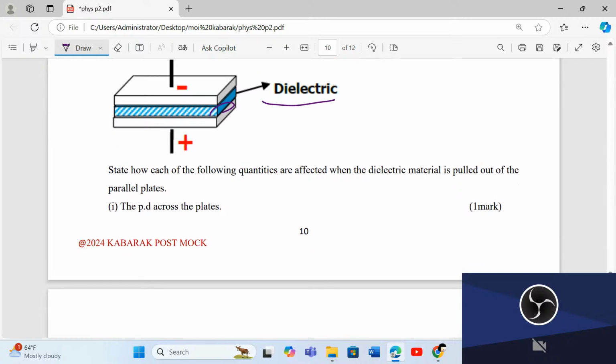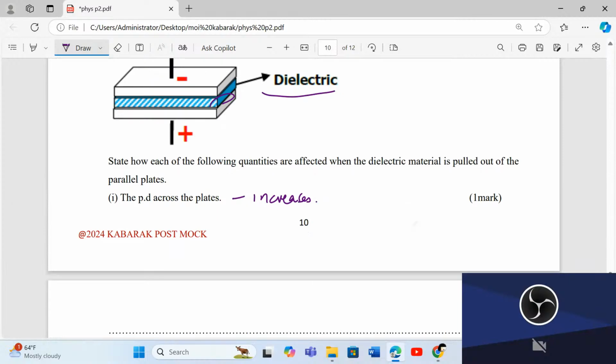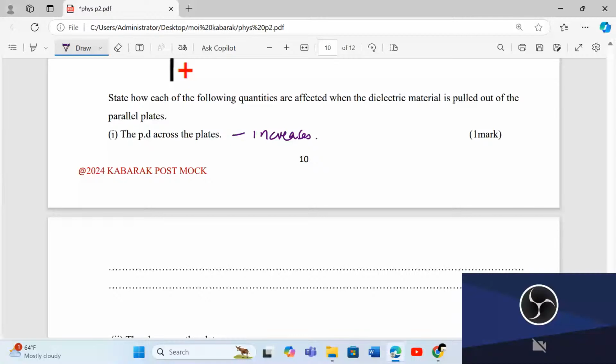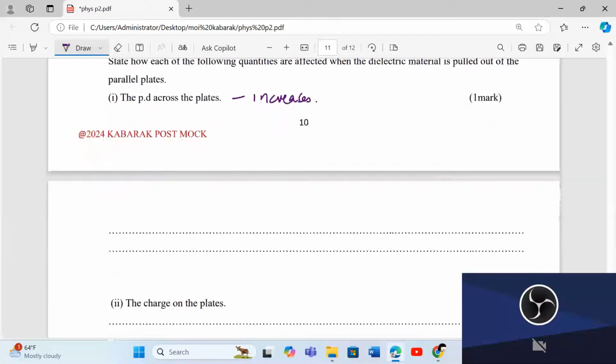The potential difference: this one increases. The charge on the plates will not be affected, therefore they remain the same.